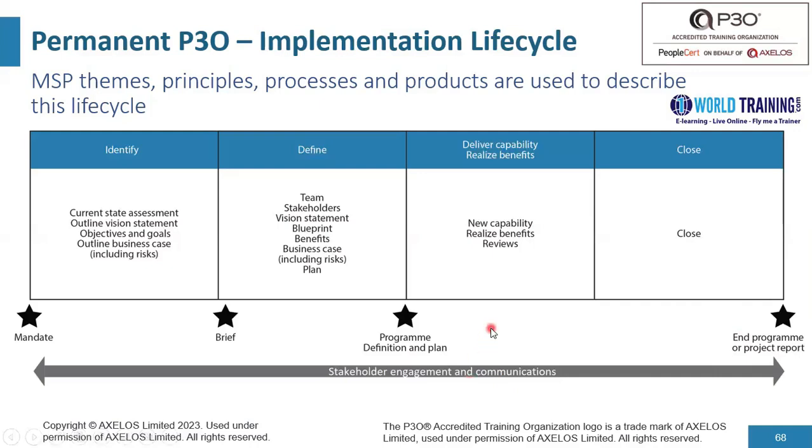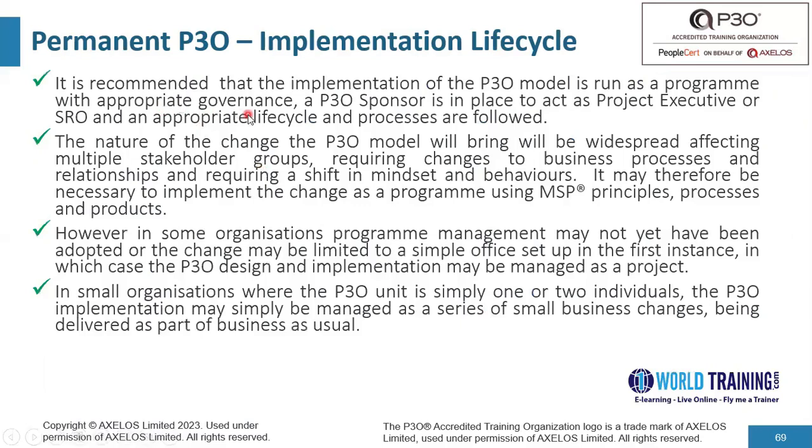Let's look into some nitty-gritties of the implementation life cycle. It's recommended that the implementation of the P3O model is run as a program with appropriate governance, a P3O sponsor in place to act as a project executive or senior responsible owner, and an appropriate life cycle and processes are followed.